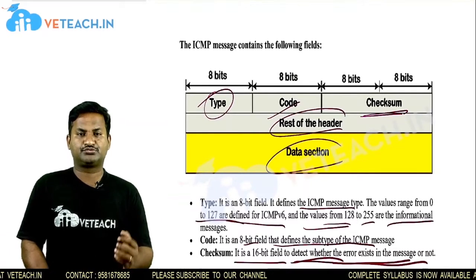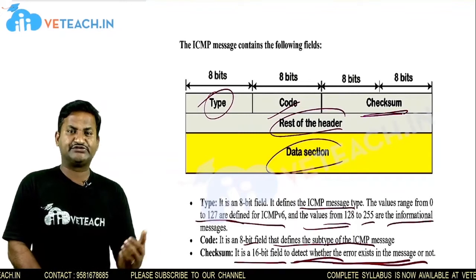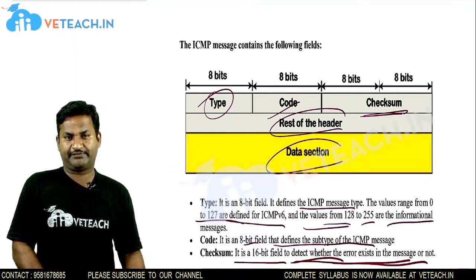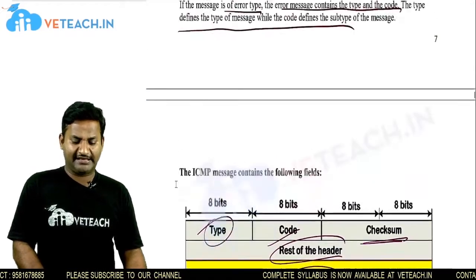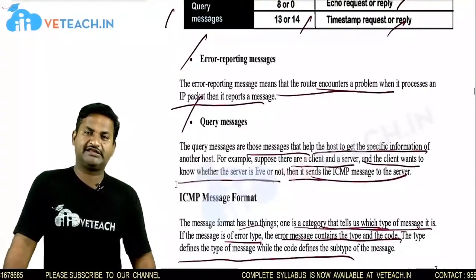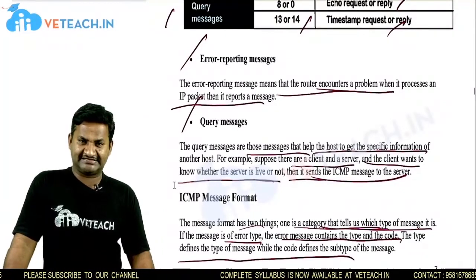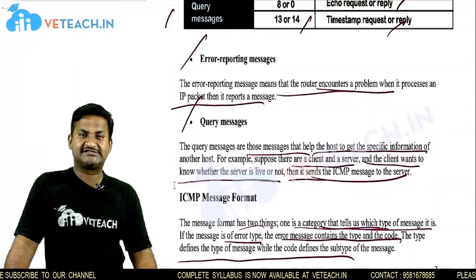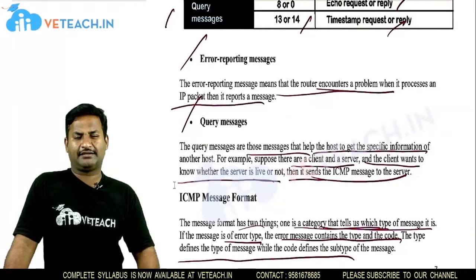So there are two or three kinds of representations in the format. One is what kind of type. The type may be an error reporting message or a query message. An error reporting message is generated by the router. A query message is generated by the client or server host.